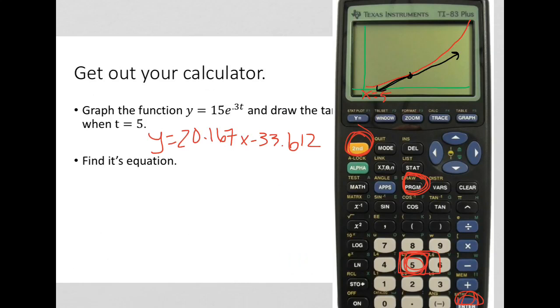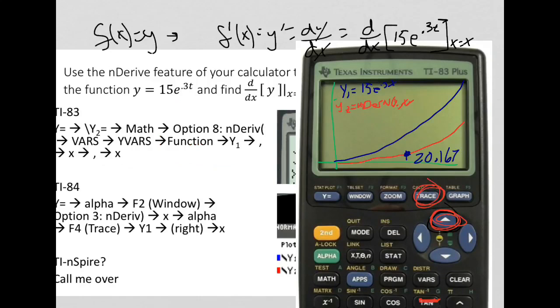20.167. Because think about this, connect the two. We found the derivative at x equals 5, and we found the tangent line at x equals 5, and the slope of the tangent line is going to be the derivative, the value of the derivative at that same x value. So if you go to x equals 5, you will have to get that derivative value of 20.167.